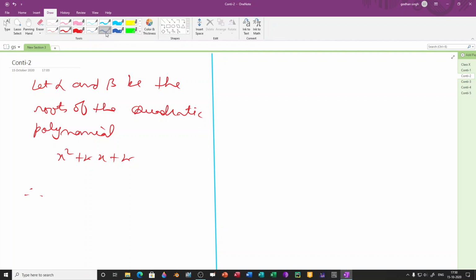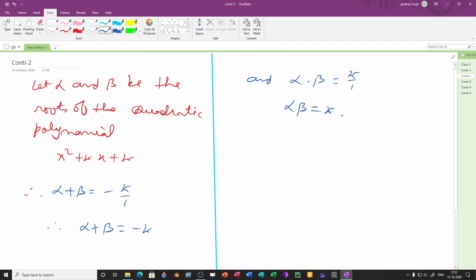Therefore alpha plus beta equal to minus b by a, that is minus k by 1, so alpha plus beta equal to minus k, and alpha into beta equal to c by a, that is k by 1, so alpha into beta equal to k.